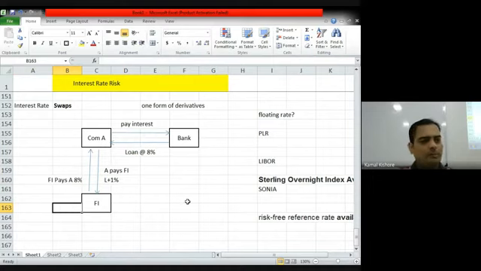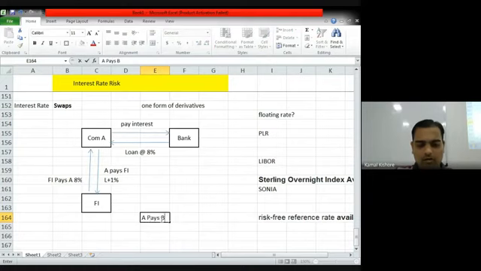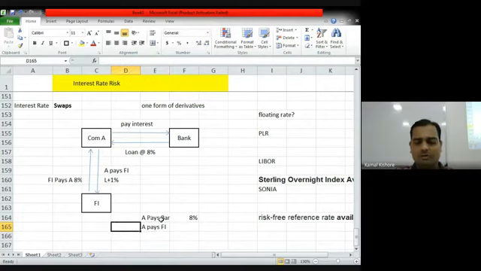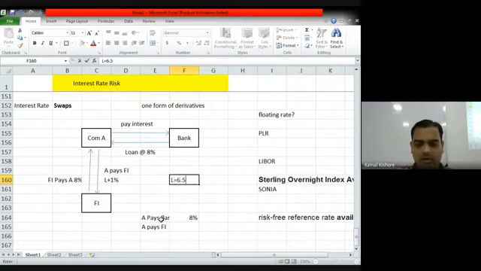So what is happening now? A pays bank how much? 8%. A pays FI how much? L plus 1%. Now let's say L is 6.5%. At that point in time, L is 6.5%.